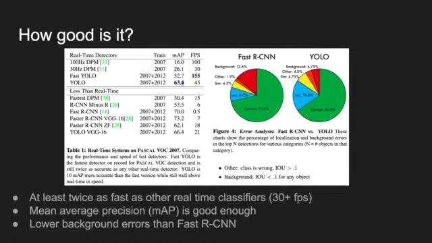And YOLO actually had 63.4 mean average precision, running at 45 frames per second, which is quite remarkable for the time.